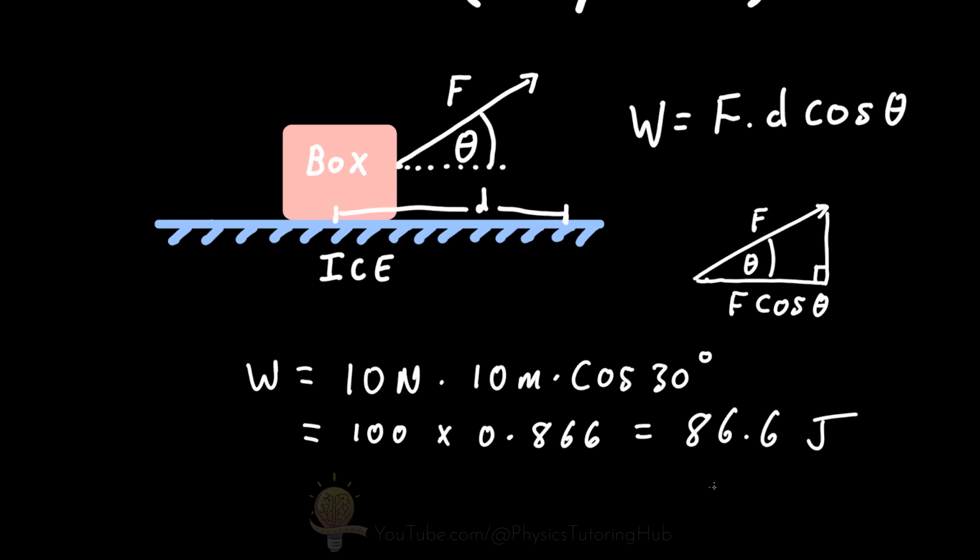This means that we're imparting less energy to this box simply because the angle doesn't align with the displacement vector.